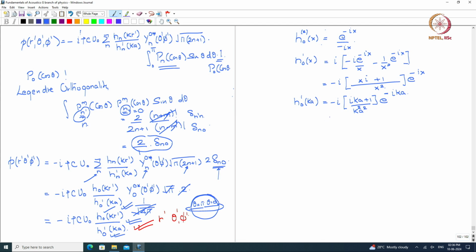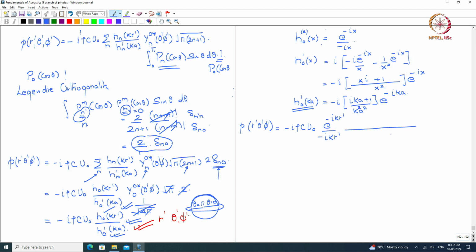We have now P at r dash theta dash phi dash given by minus I rho c u0 into h0 kr dash, which is e to the power of minus I kr dash by minus I kr dash, and in the denominator this expression. So we have to invert this. So if we do that, what do we get?